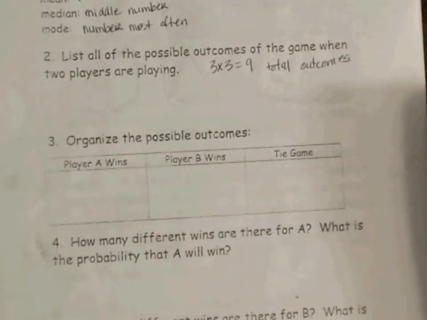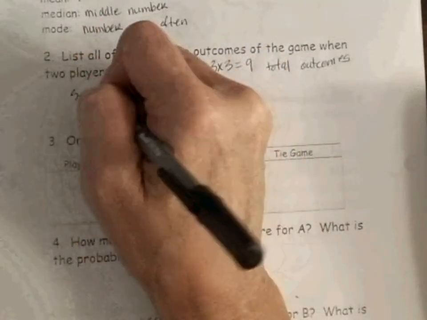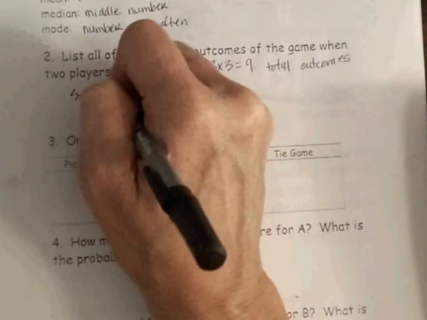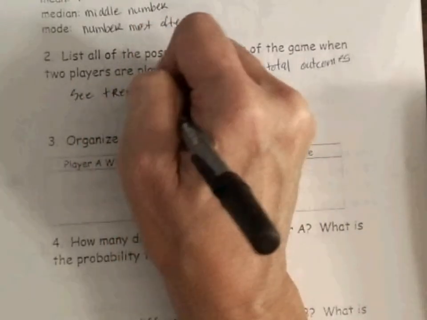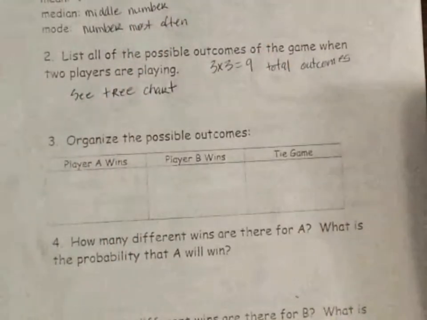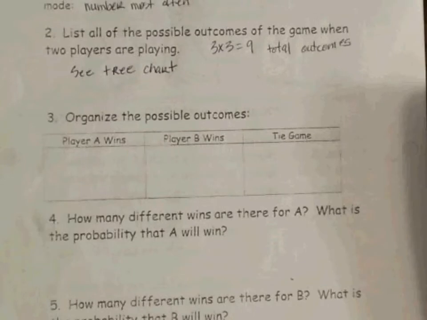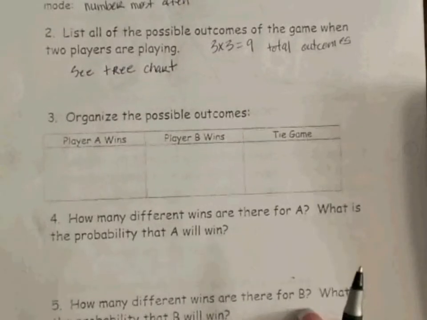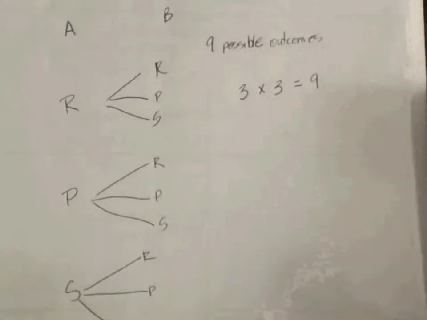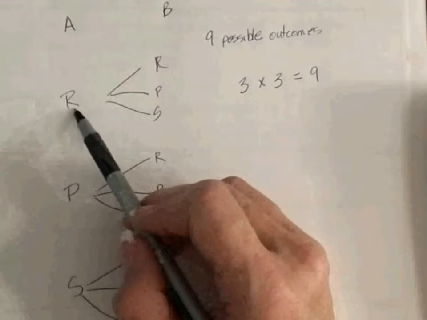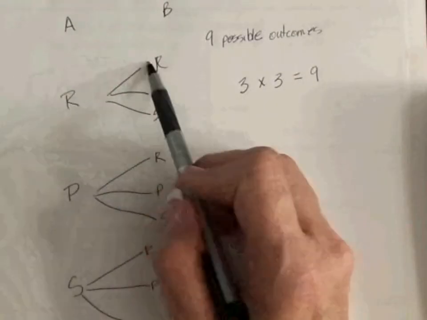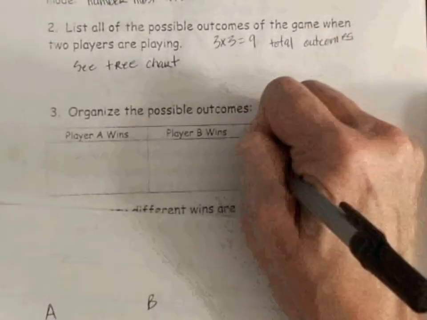And it says list all the possible outcomes. I'm going to just say see tree chart, because that's what we did on the last page. Now organize possible outcomes. If we had player A and player B, we're going to look at this first: rock and rock, that would be a tie.